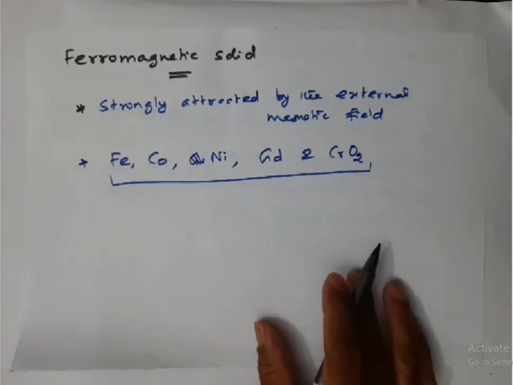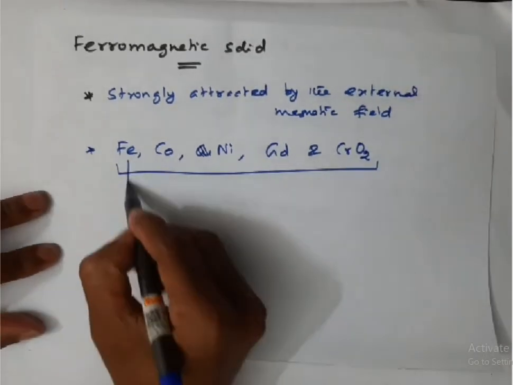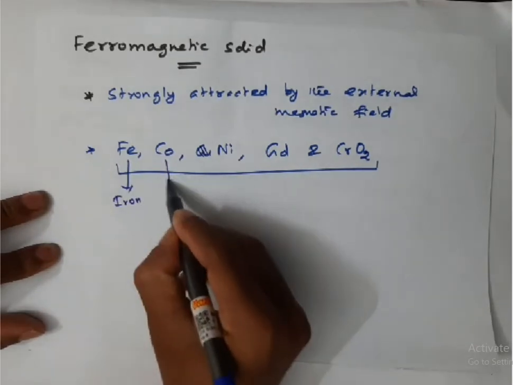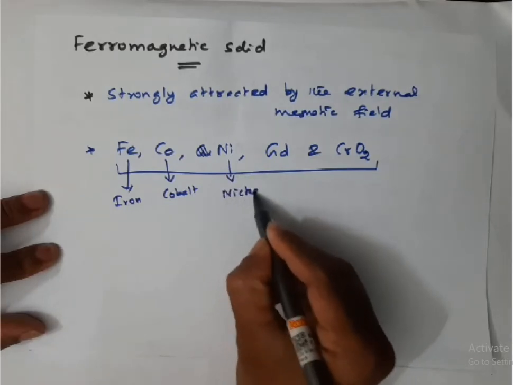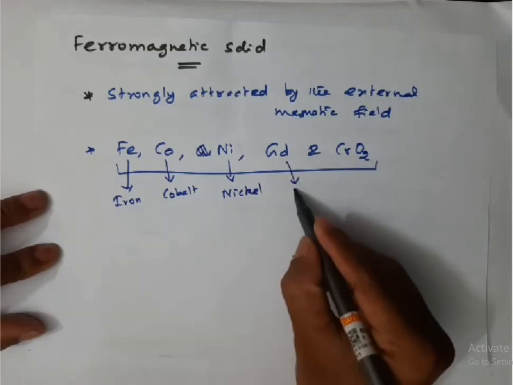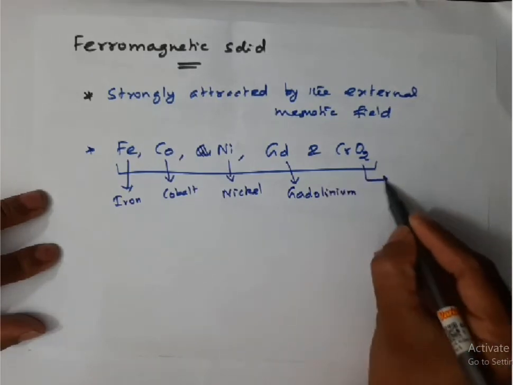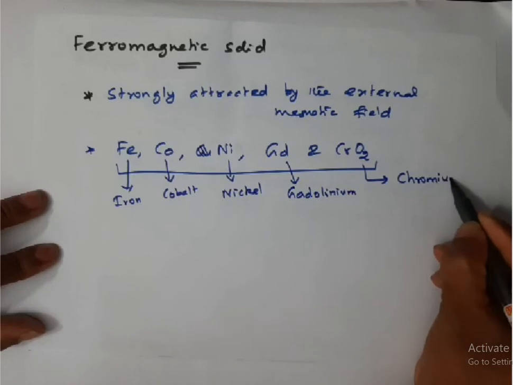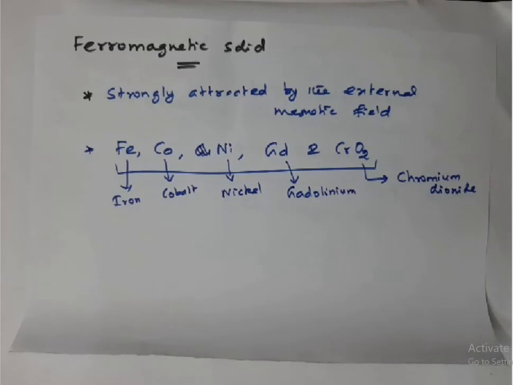They are strongly attracted by the magnet. These are all solids which show ferromagnetic character.